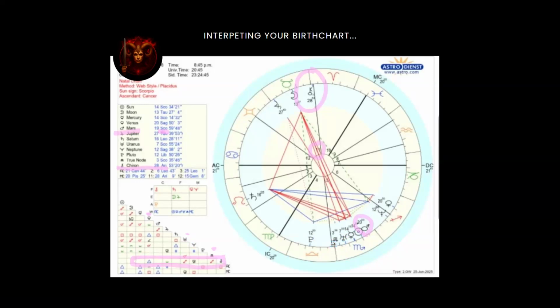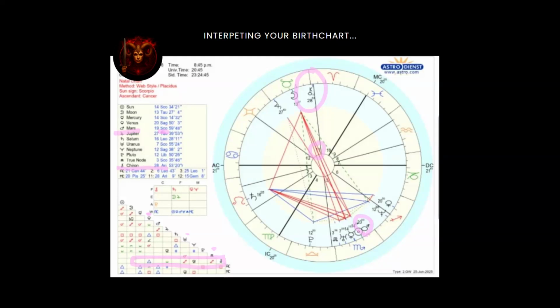If you do have a true node opposite to your Chiron, please make a note of that. True node or north node is like our destiny. And there's a tail end to that, which is south node, which actually doesn't show on these birth charts using astro.com.